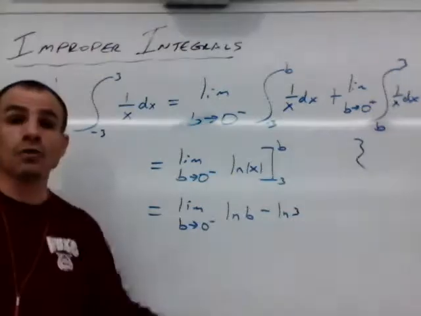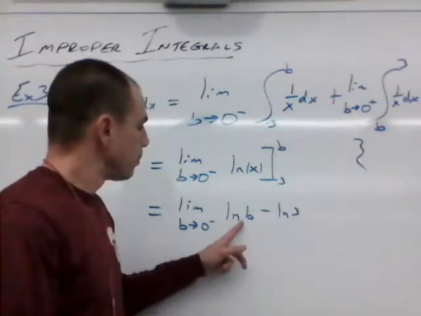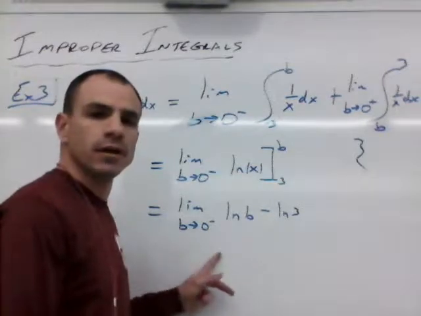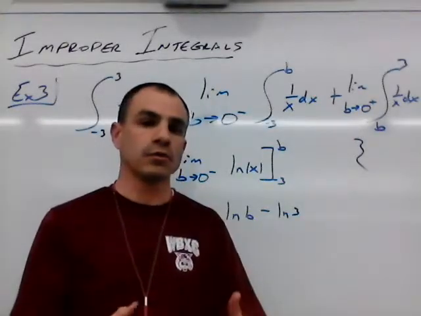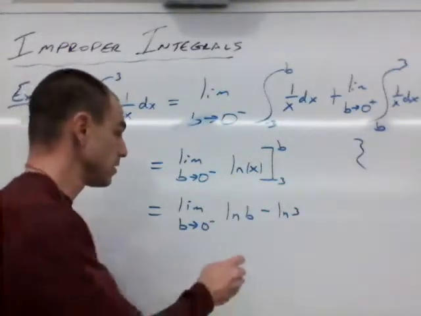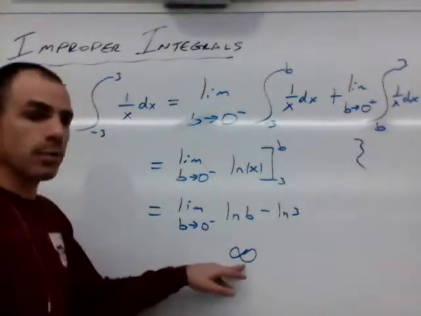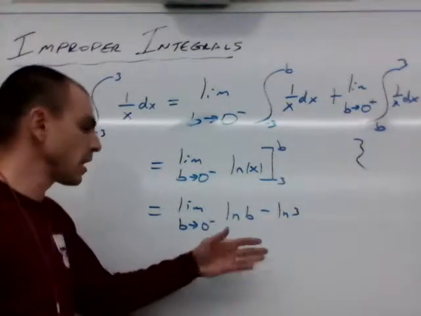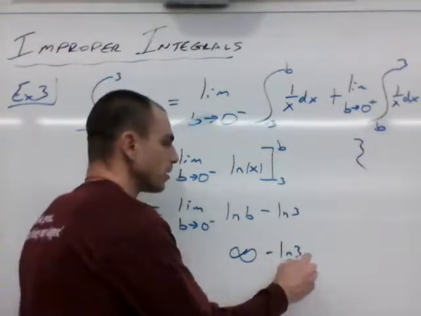Now the natural log of 3 is a number, but b is heading towards 0. And what do we know about the natural log's value as we approach 0? It is unbounded. So we end up having negative infinity minus the natural log of 3.